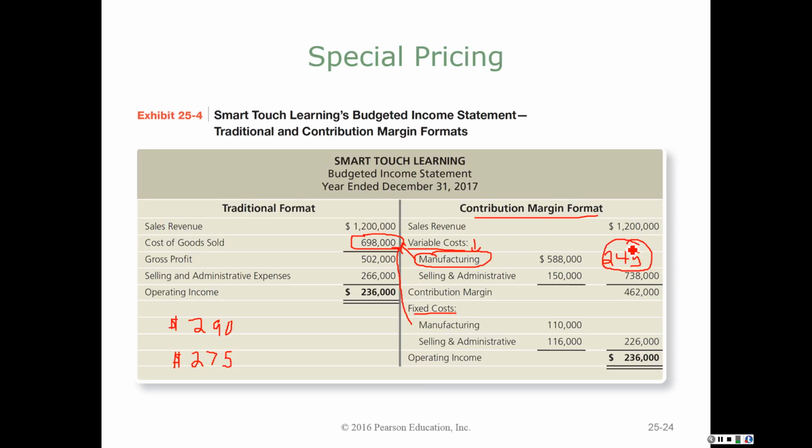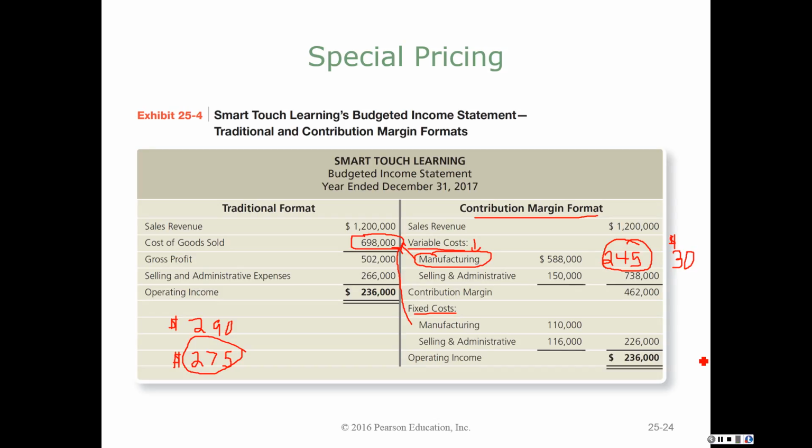They've offered to pay me $275. So I would generate $30 in additional contribution margin by accepting the special order, even though this is significantly less than what most customers would pay me for this particular tablet.